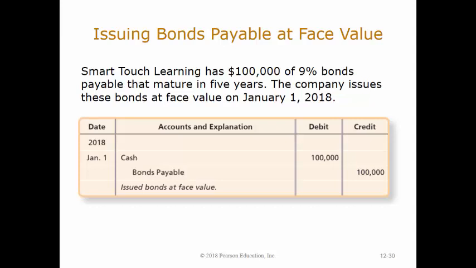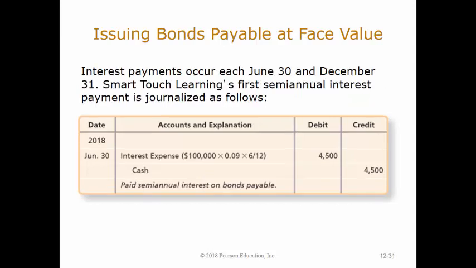Smart Touch Learning, the borrower, makes this one-time journal entry to record the receipt of cash and issuance of bonds payable. The entry includes a debit to cash and a credit to bonds payable for the face value of the bonds, $100,000. Interest payments occur each June 30th and December 31st.